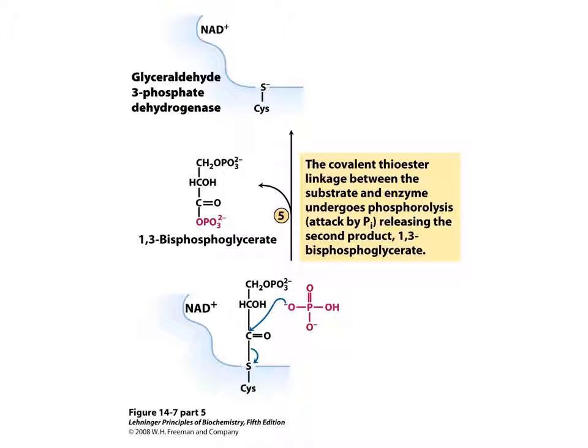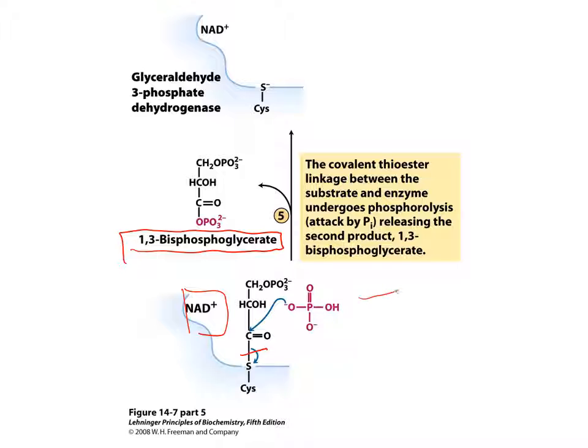So after breakage of this bond, we have generated our 1,3-bisphosphoglycerate, and remember we took in inorganic phosphate and NAD plus.